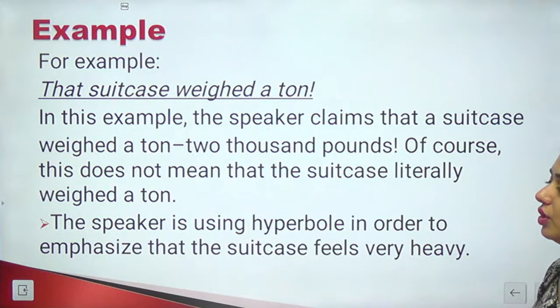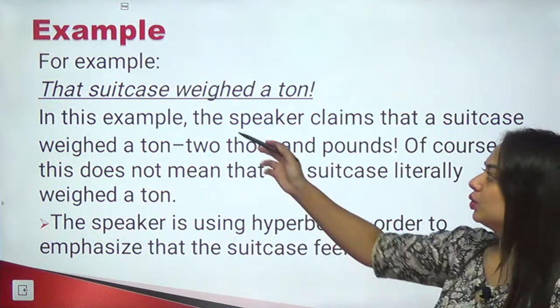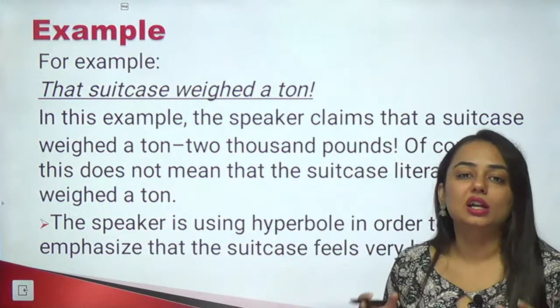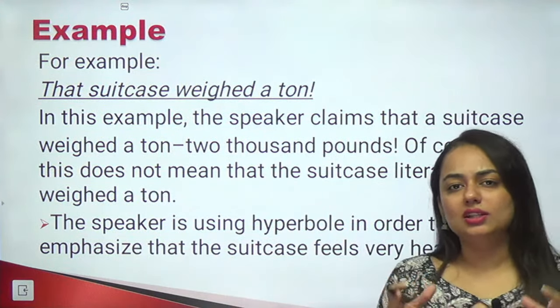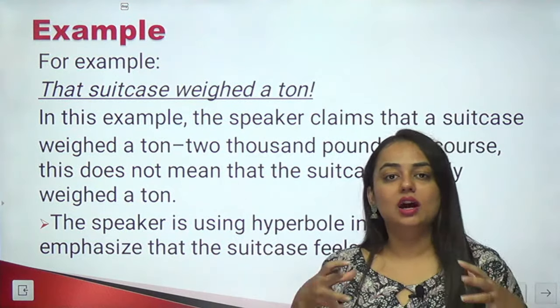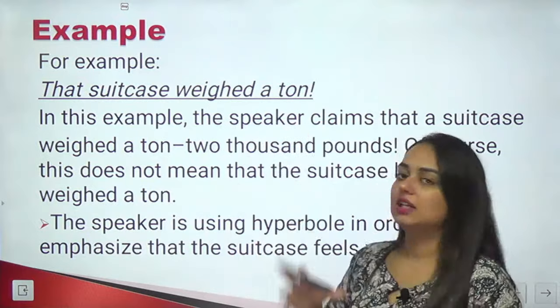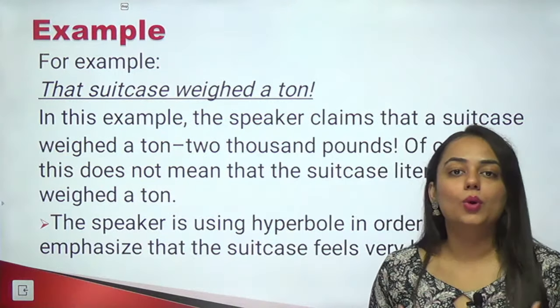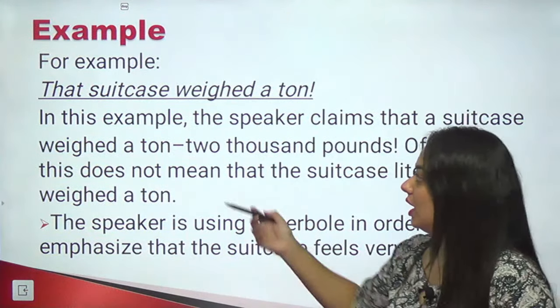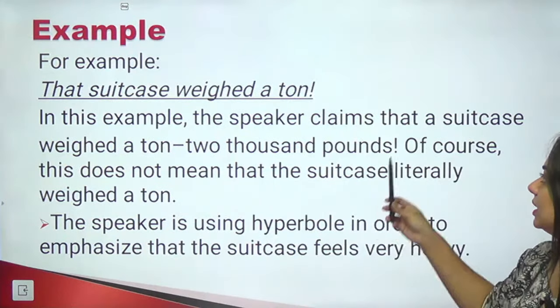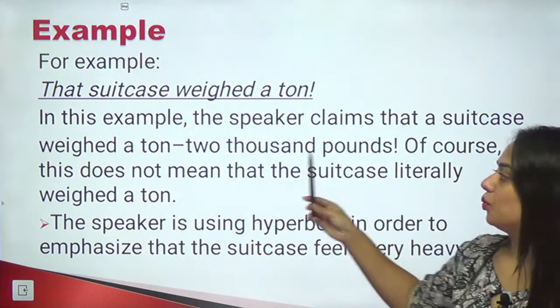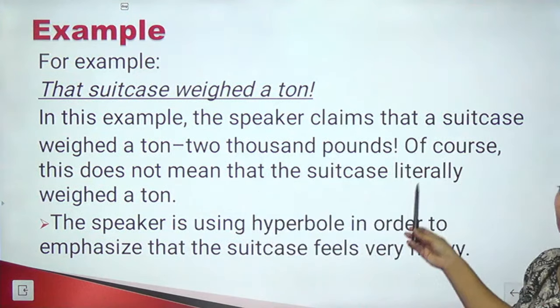Let's see examples of hyperbole. That suitcase weighed a ton. Can a suitcase weigh a ton? Think about it. इतना बड़ा साइज का कोई सूटकेस नहीं होता which can weigh a ton, right? तो ये हुआ एक केस हाइपरबली का. In this example, the speaker claims that a suitcase weighed a ton, 2,000 pounds.